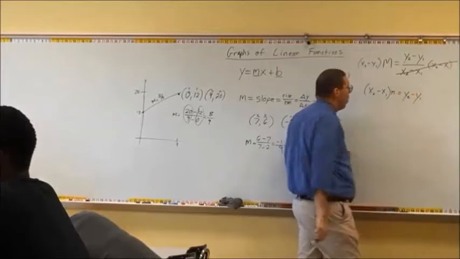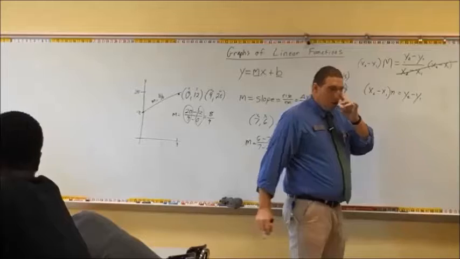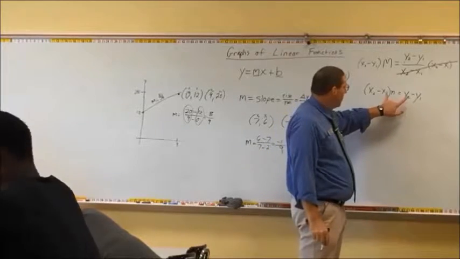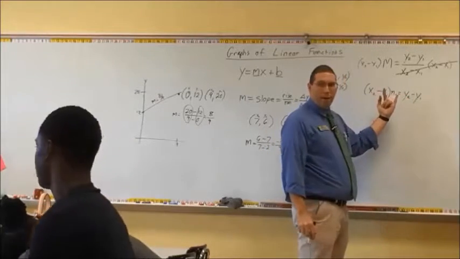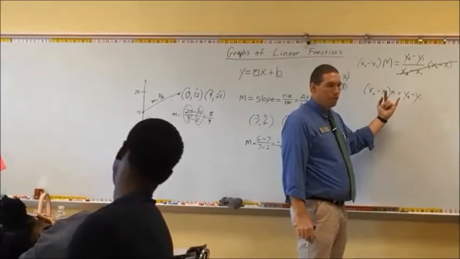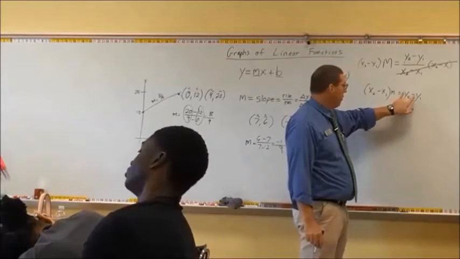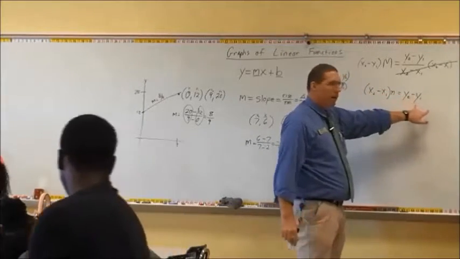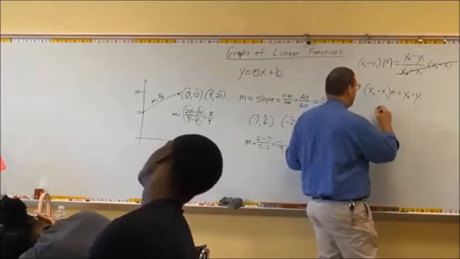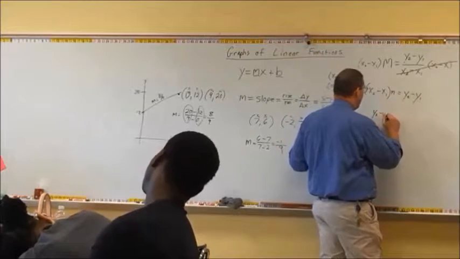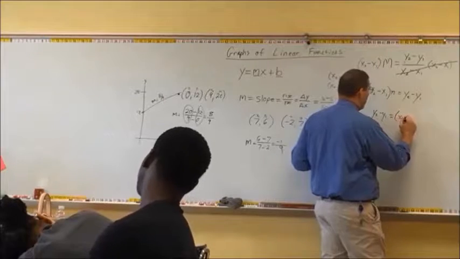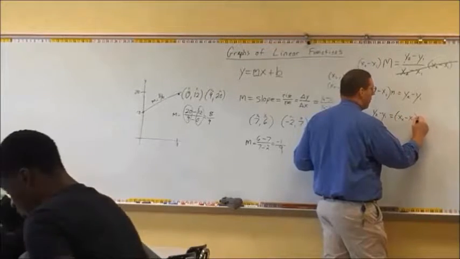Now, did you guys know that you can flip equations around and it still stays the same? It's an equals, right? So I can put this on this side and I can put this on this side. Is that okay? All right. So y2 minus y1 equals x2 minus x1 times m.